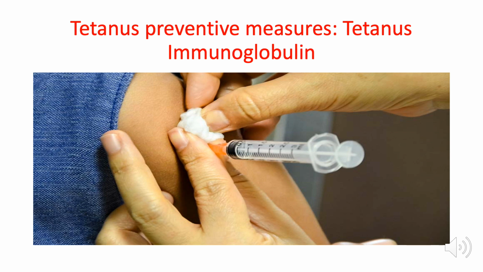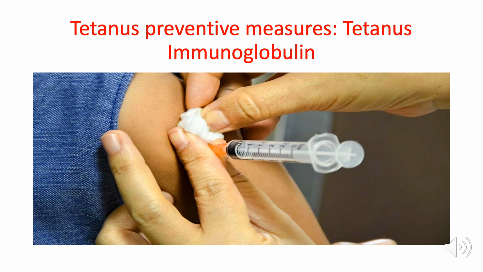Do you know that the physician will also order the administration of tetanus immunoglobulin on the left deltoid area of the patient? Tetanus immunoglobulin is named such because this type of vaccine contains commercially prepared antibodies.